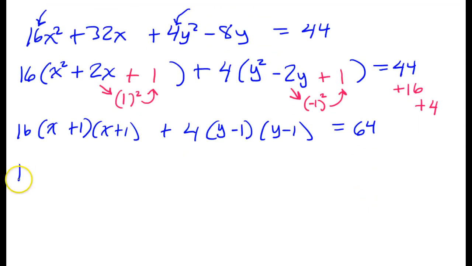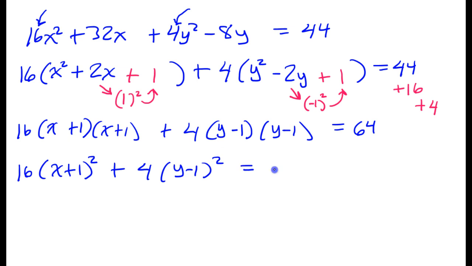So now I have 16 times, and I can write x plus 1 squared because there's two of them. And then I have 4 times y minus 1 squared is equal to 64. The standard form equation for an ellipse always has a 1 right here. So I need to divide by 64 in order to get that 1, which means I have to divide everything by 64.